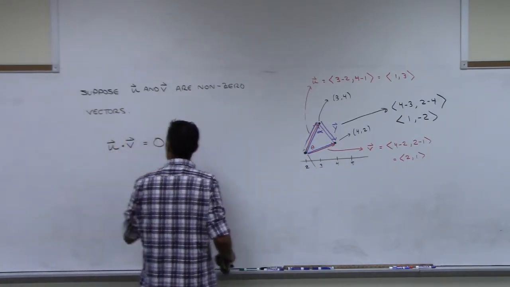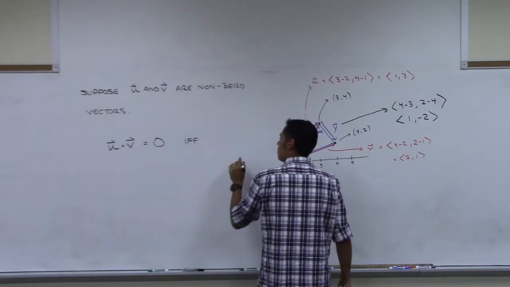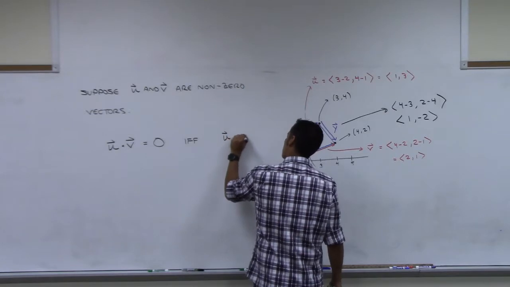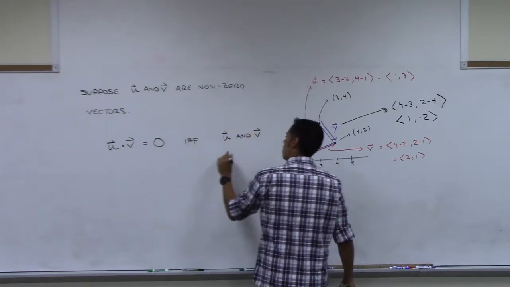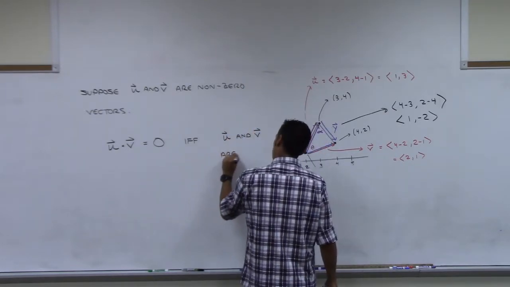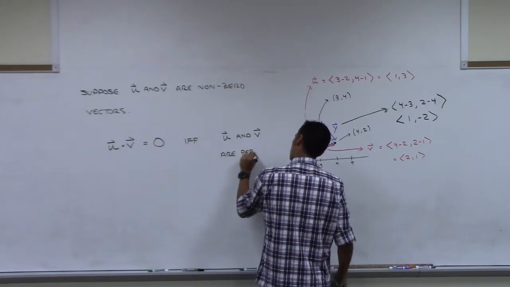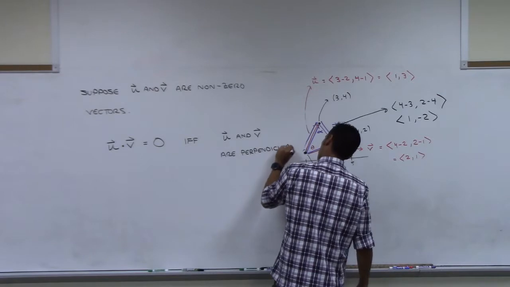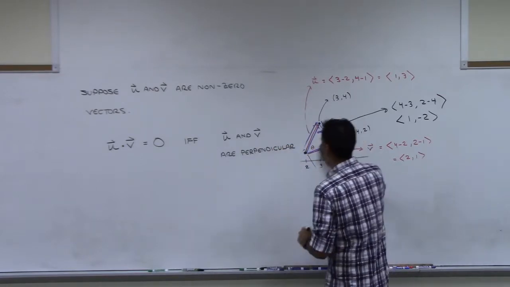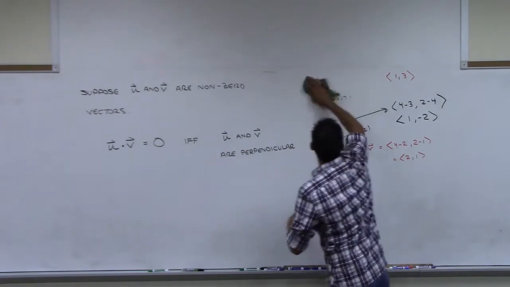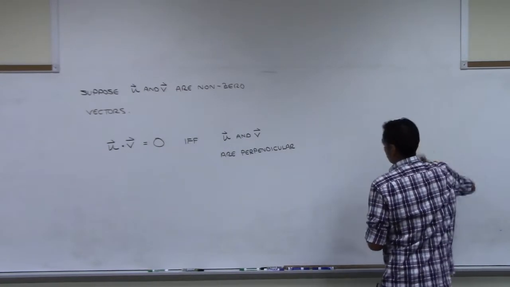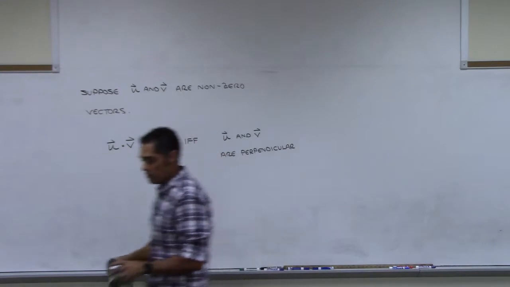U dot V equals 0 if and only if U and V are perpendicular. This is the beautiful result.